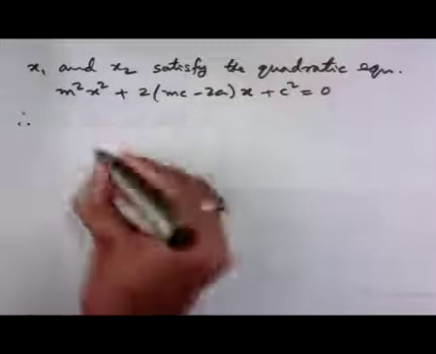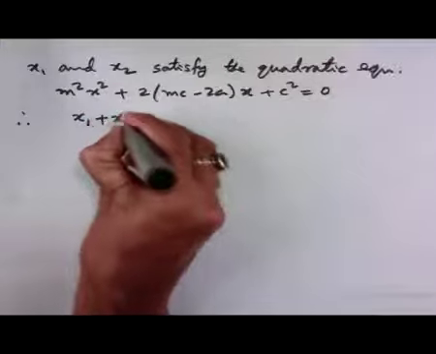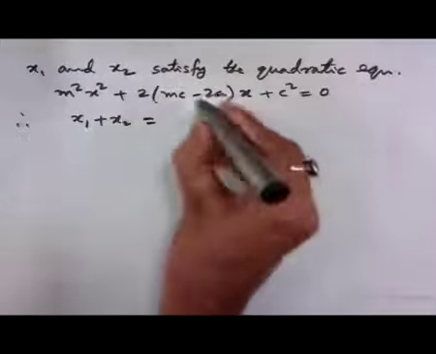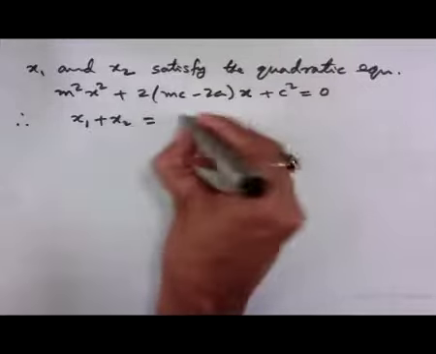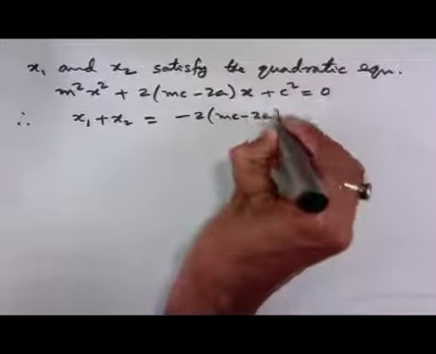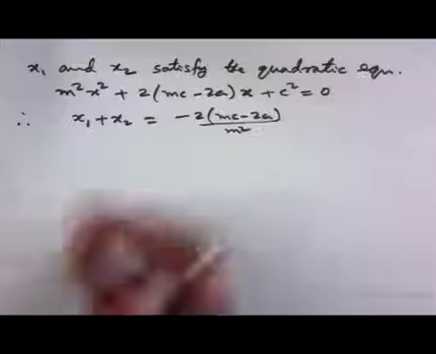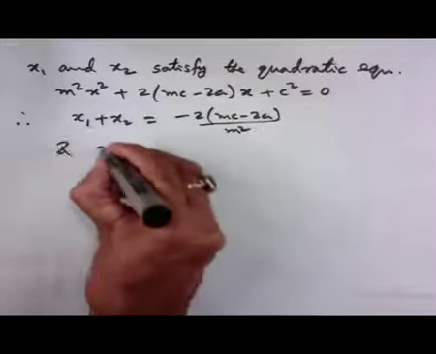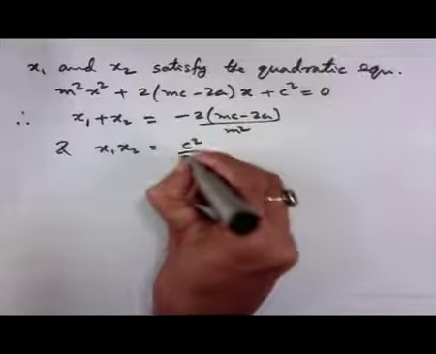Therefore, x 1 plus x 2, the sum of the roots of the quadratic equation, is given by minus b by a. So, minus 2 times (m c minus 2 a) by m square, and x 1 x 2, the product of the roots, is c by a. So, c square by m square.